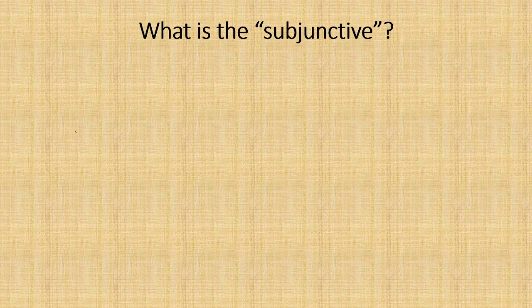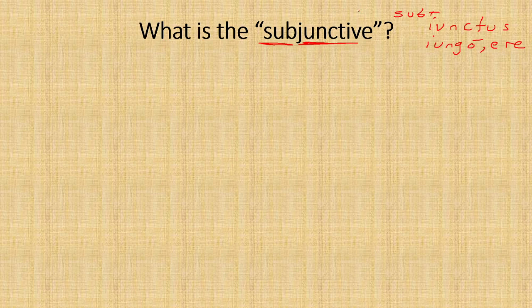My first slide is just: what is the subjunctive? What I'd like to talk about is the etymology of the word first. If you notice, it's based off of sub, our typical preposition, sub, under, and then junct, from junctus. And if you remember, junctus is from jungo, to be joined together.